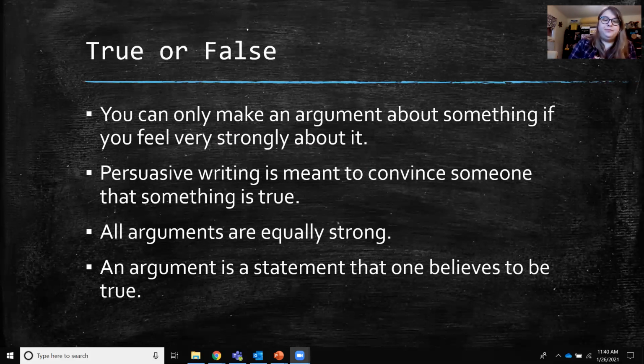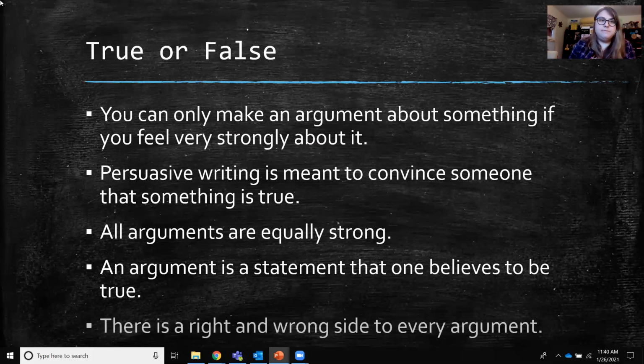And number 5, there is a right and a wrong side to every argument. If you think this is true, go ahead and write true. And if you think it's false, write false. On your page, you should have the numbers 1 through 5, and your true or false answer next to each of those.